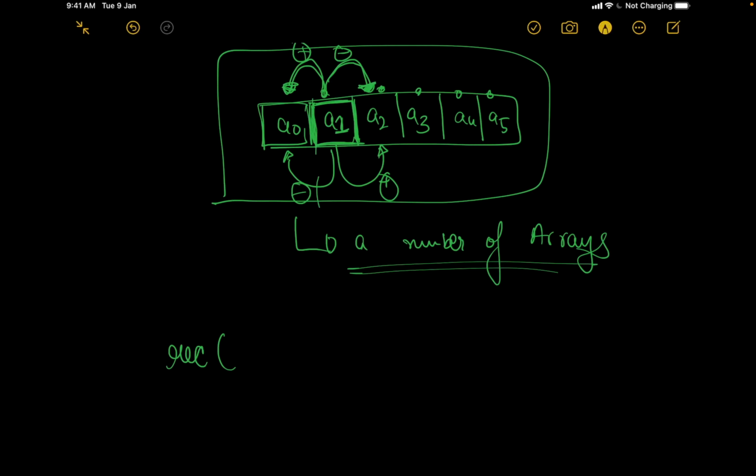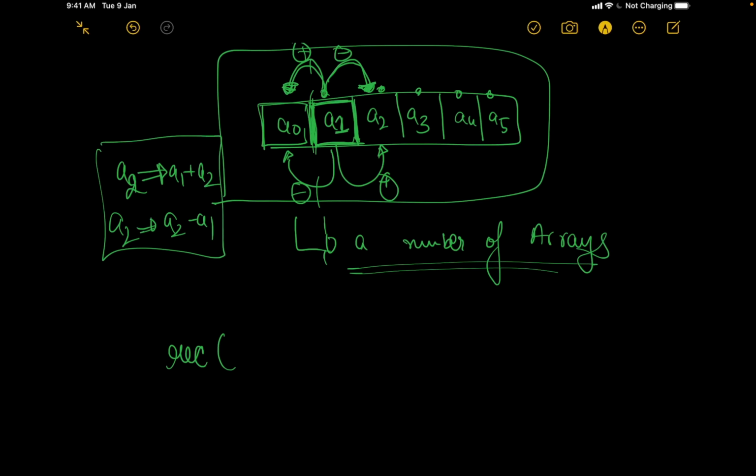Since a0 has already been passed, it doesn't matter to me; I want to look to the right side. So a2 can either be a1 plus a2, or a2 minus a1. These are the two values a2 can have.